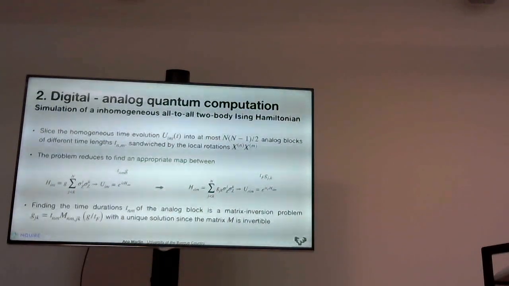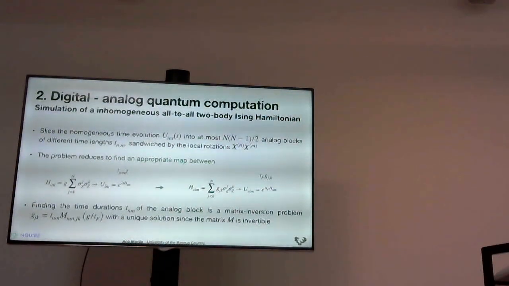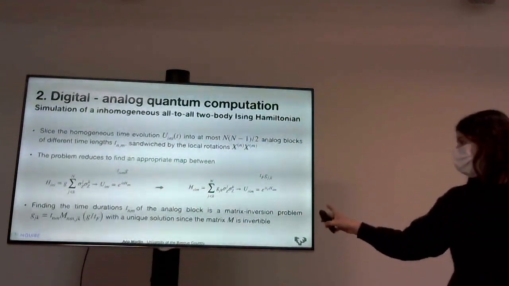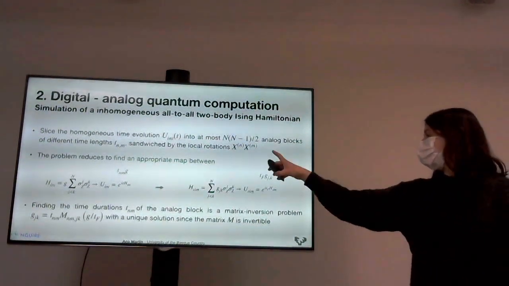So in the end, the whole problem is reduced to a matrix inversion problem that has a unique solution, since the matrix that maps both times is invertible.